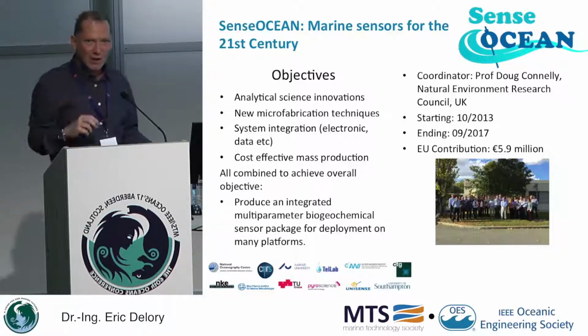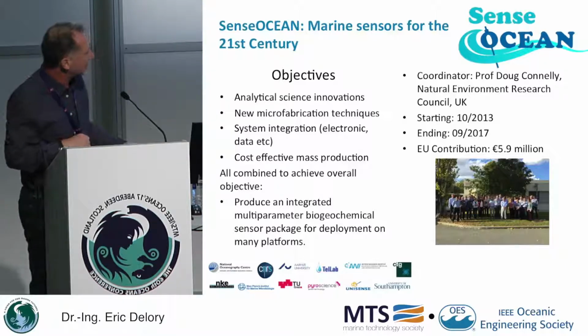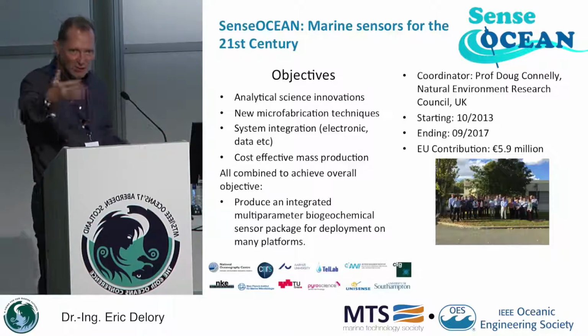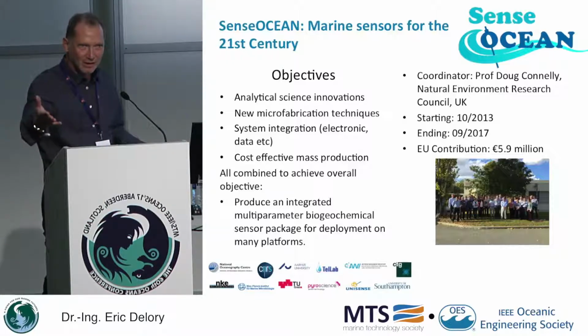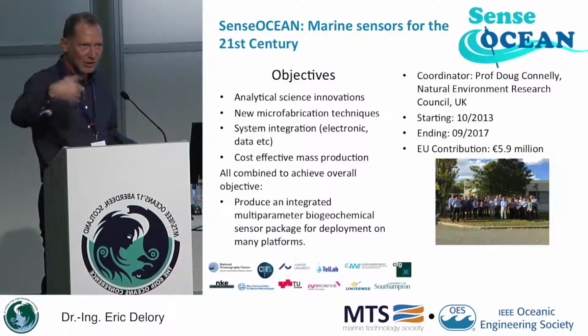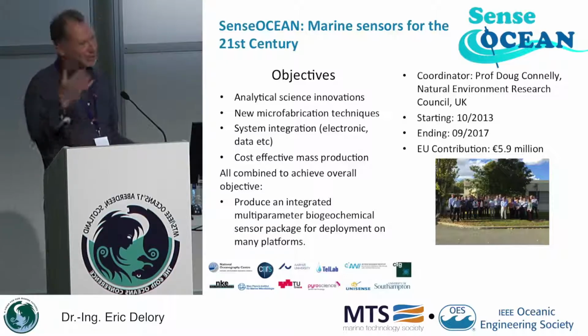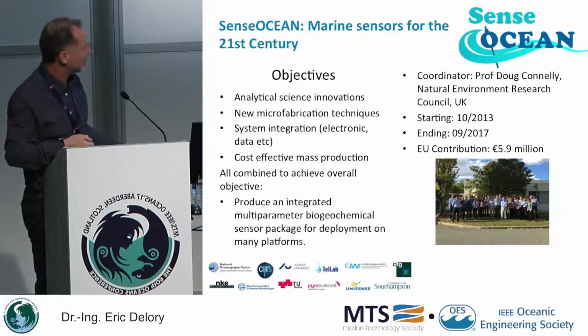So using low-cost mechanical parts was important in that project, and that allows us then to reduce the cost of fabrication. When you reduce the cost of fabrication, then you can scale up your production. If you scale up your production, you reduce the price, and then you make it accessible to the broader community.